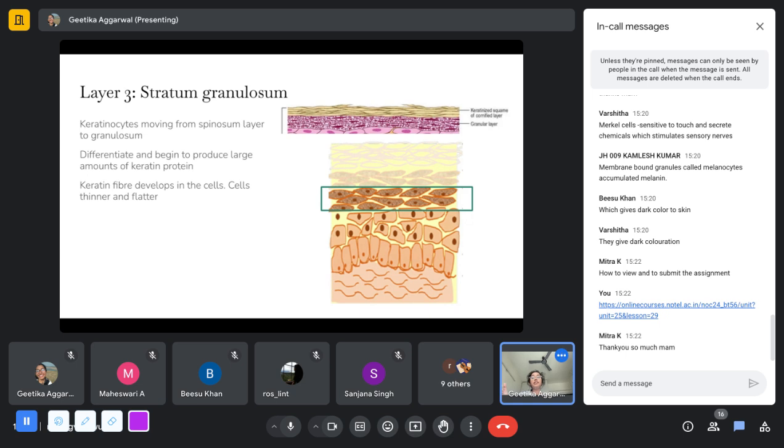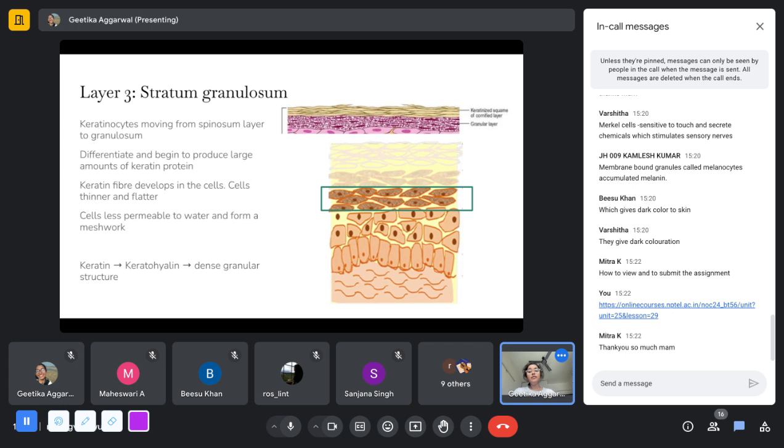What happens is these keratin fibers, when they develop in the cells, become thinner and flatter, and these keratin fibers give a granular appearance to stratum granulosum. When the cells become thinner and flatter and are filled with these keratin fibers, they become less permeable to water, and they form a meshwork which makes our skin less permeable to water, not impermeable, because some amount of water can still enter your skin.